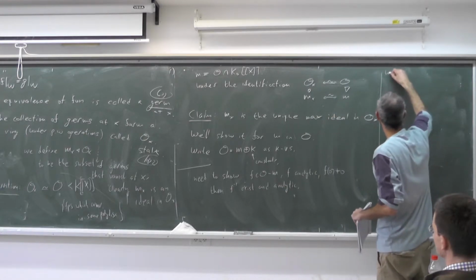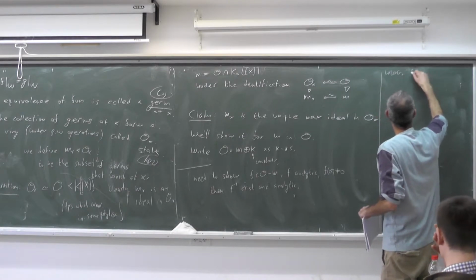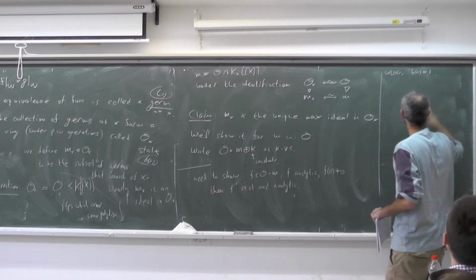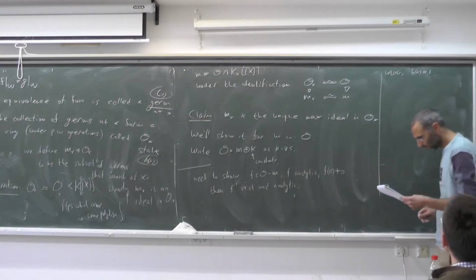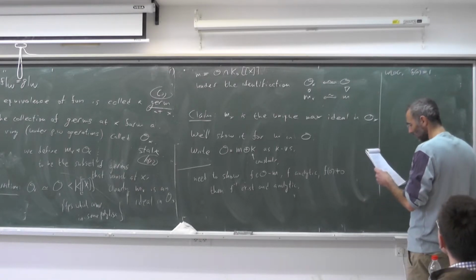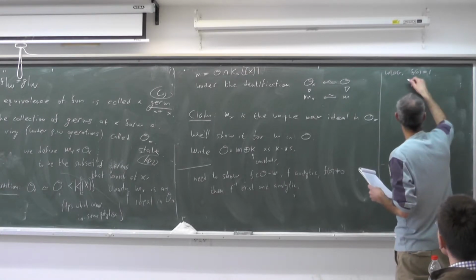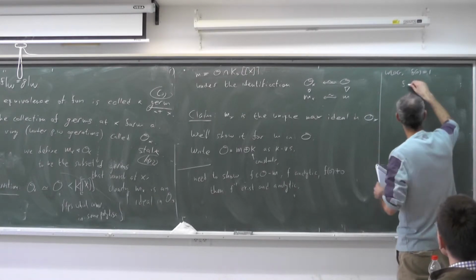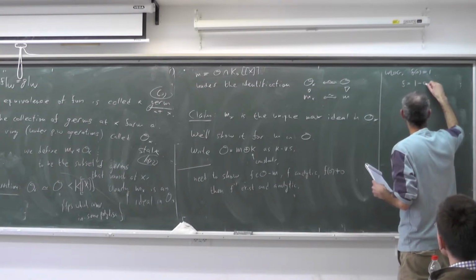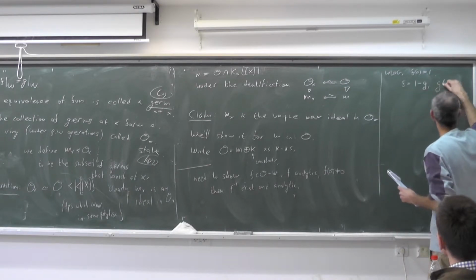Up to normalization, I can assume that f(0) is 1. And I can write f as 1 minus g, where g(0) is 0.